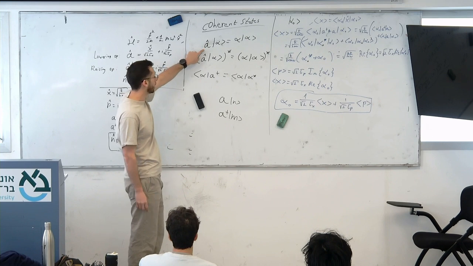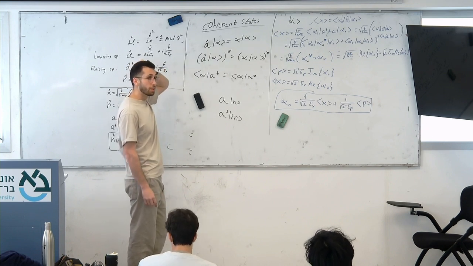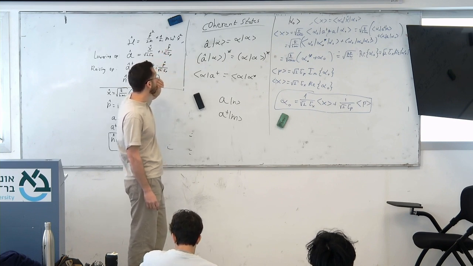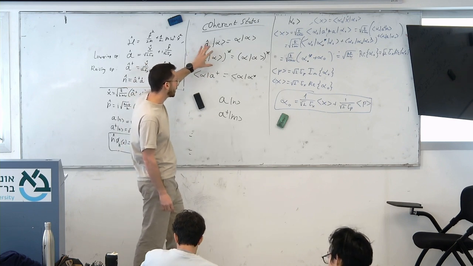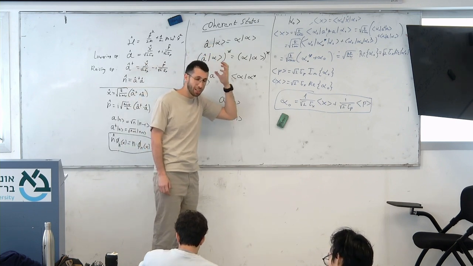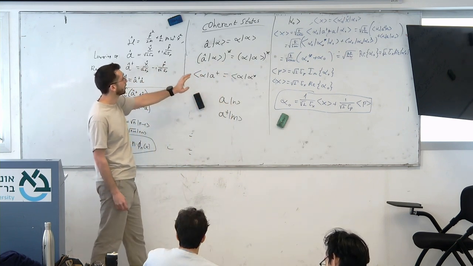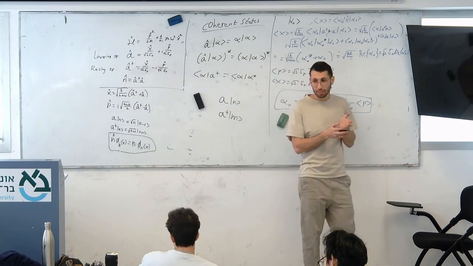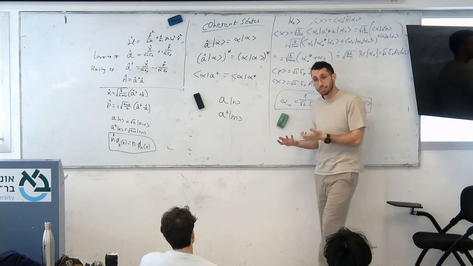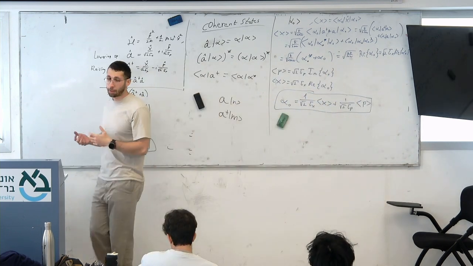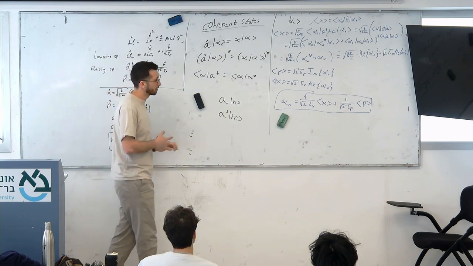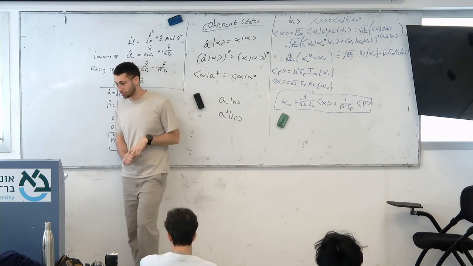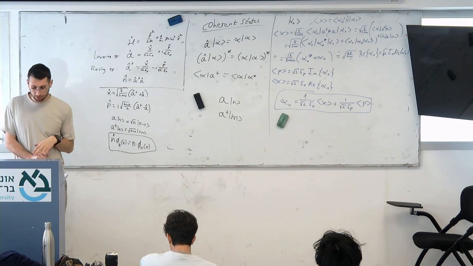Therefore, this is very interesting because I don't fully understand it. We have an operator which is not Hermitian on one hand. On the other hand, its eigenstates give us something almost classical. It has some classical meaning. Questions?